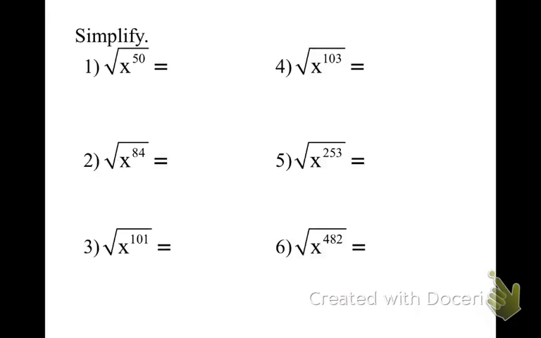Okay, next one. Noah: the absolute value of x is something. Good. Okay, next one. Jackson: x to the 42nd. Good. Next one. How about Anna? X to the 50th, rad x.